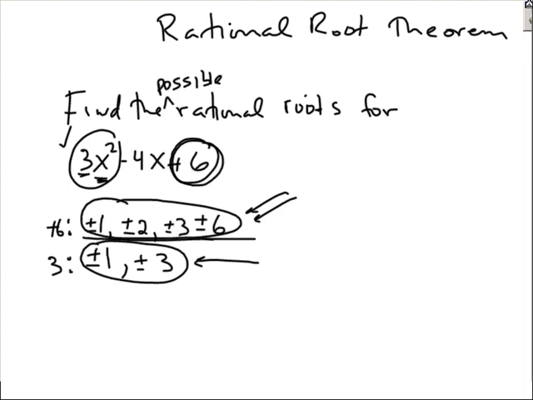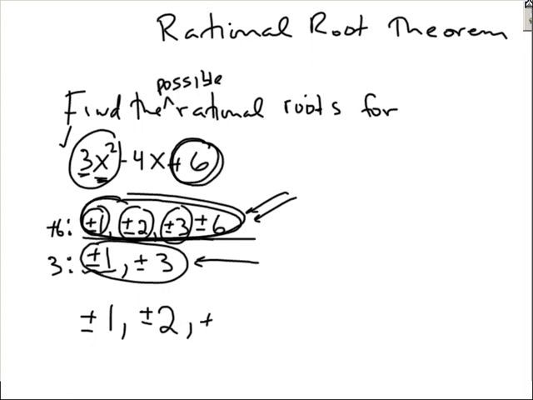For example, I'll take the top numbers and divide by plus minus 1. 1 divided by plus minus 1 is plus minus 1. Plus minus 2 divided by plus minus 1 is plus minus 2. Plus minus 3 divided by plus minus 1 is plus minus 3.